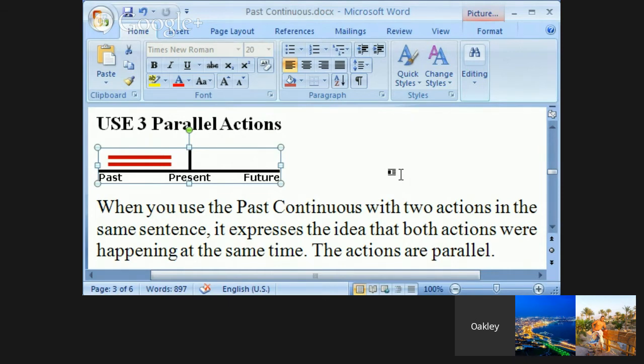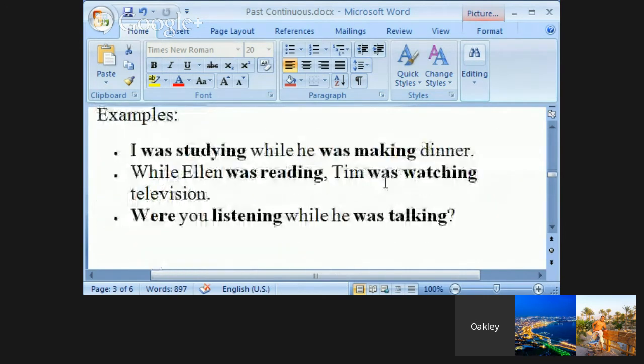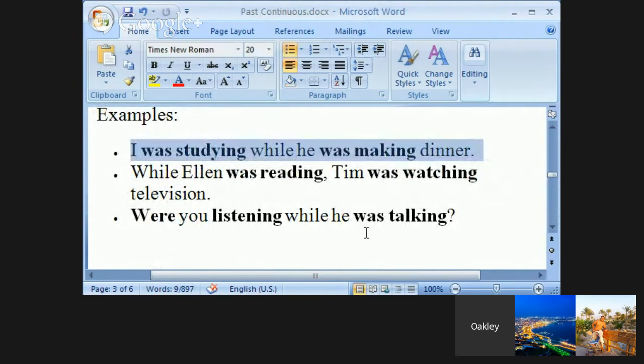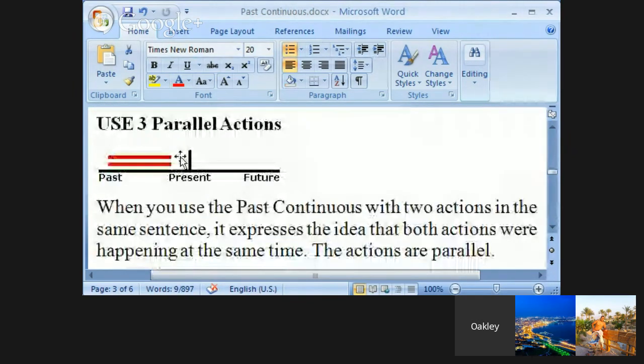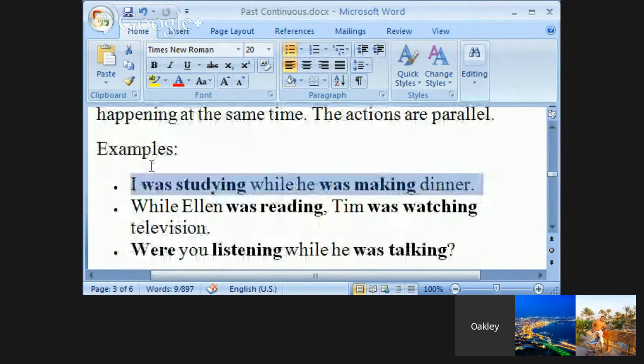They're not X's, it's a long line. So two actions that are happening at the same time. Okay, so for example, I was studying while he was making dinner. Very simple. One red line, you're studying. The other red line, somebody making dinner. Pretty basic.